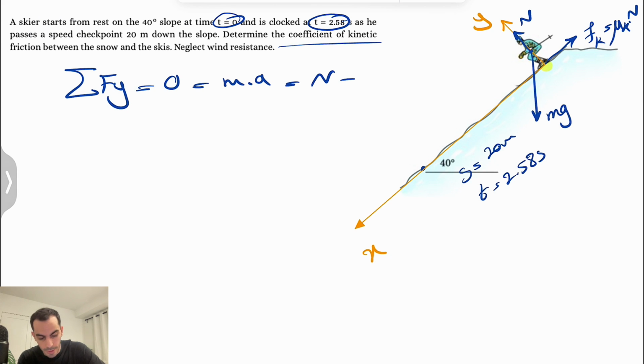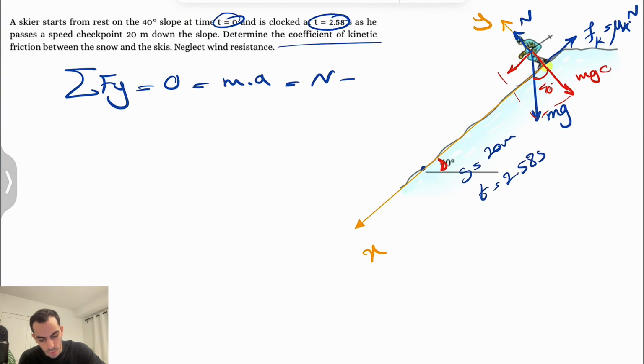So we have n, and we have the y component of the weight, so we can resolve this force into two components. This angle would also be 40 degrees, because this angle is 40 degrees.